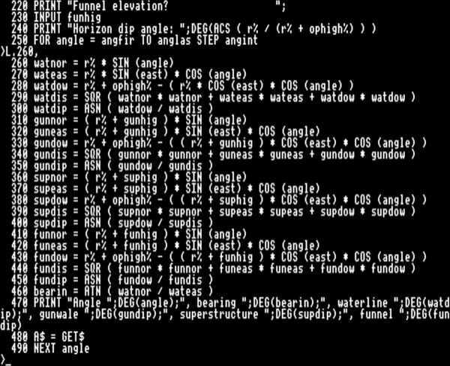Angle outputs on screen, which you can use as coordinates to plot the positions of the ship at those various points. If you download and install GIMP, you get coordinates on the screen. You can use the pencil tool and just watch the coordinates and click the appropriate points and draw lines from point to point for waterline, gunnel, superstructure, funnel, and you will get a set of lines curving over the horizon.